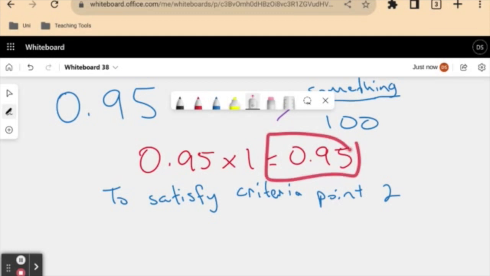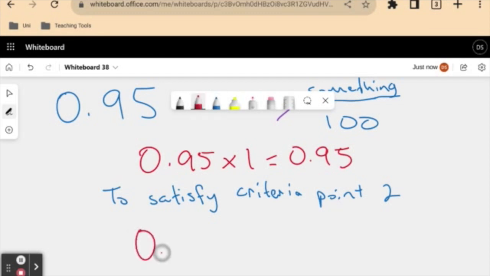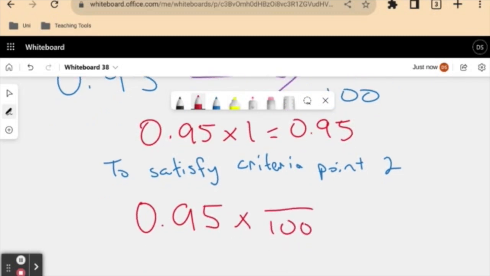Because that's the only thing that'll produce the same number. So let's look at the first criteria point. To get this number as a percentage, it needs to be some fraction over 100. So we will need to multiply it by something over 100. And we'll write to satisfy criteria point 1.